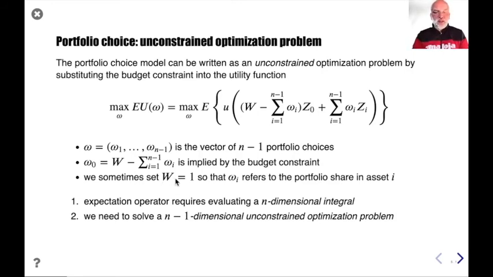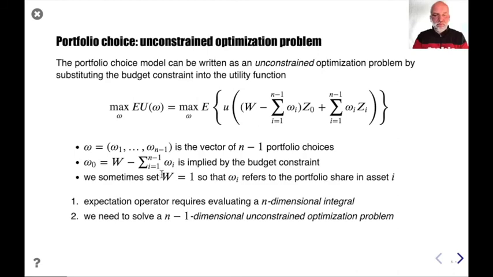We sometimes set W, the amount of current wealth, to 1. So in those cases, I'm just going to refer to omega i's as the budget or portfolio shares in asset number i.